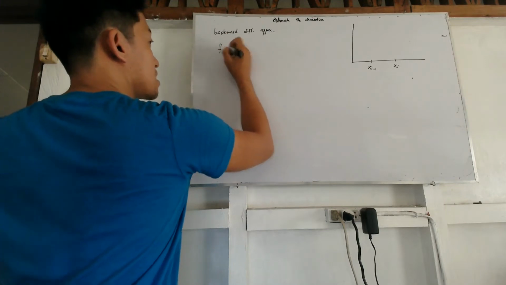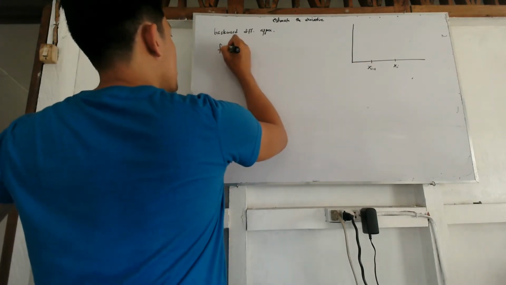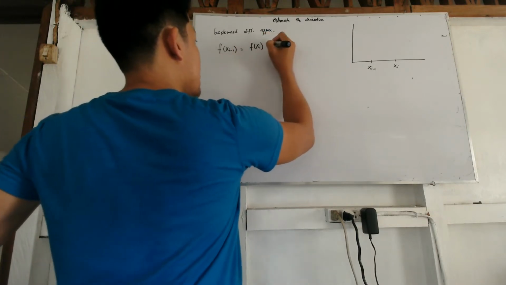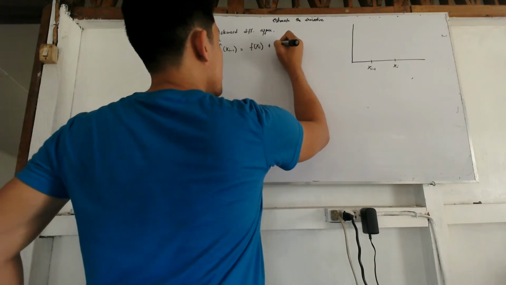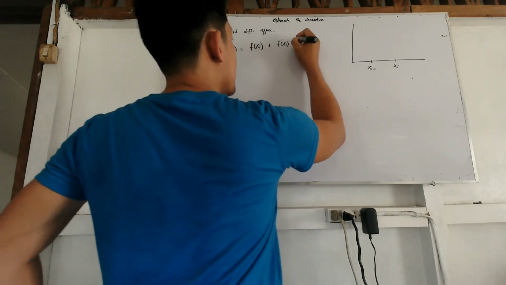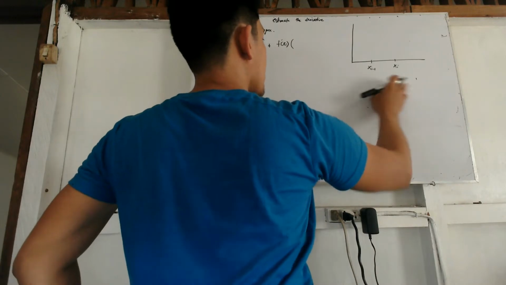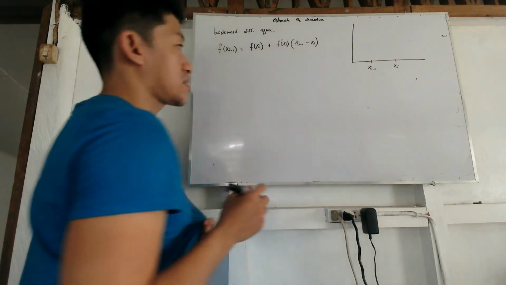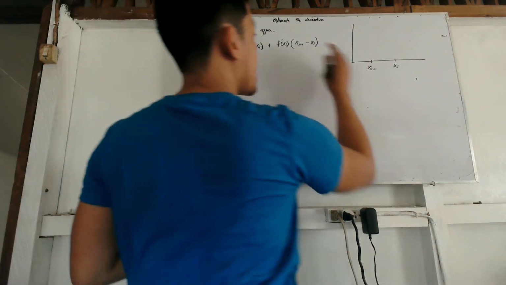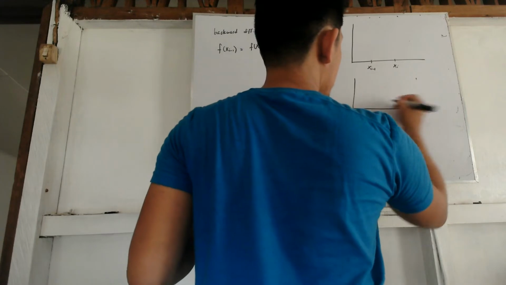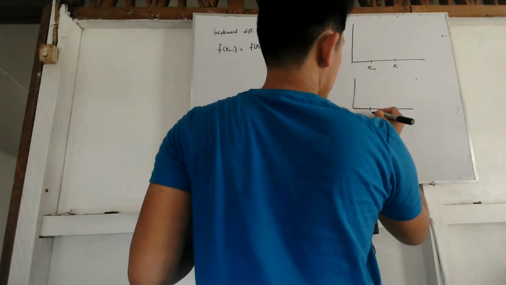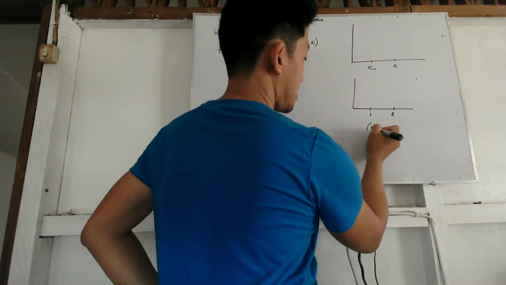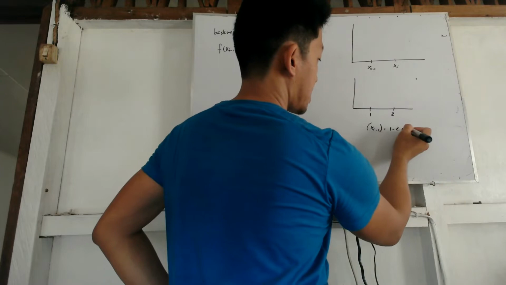Meaning, you estimate f of xi minus 1 is equal to f of xi plus f prime of xi, again, final minus initial. Now take note, if we put values, say for example 1 and 2, our 2 is xi, so xi minus 1 will be 1 minus 2 or negative 1.